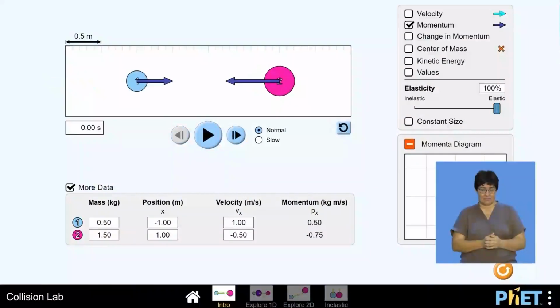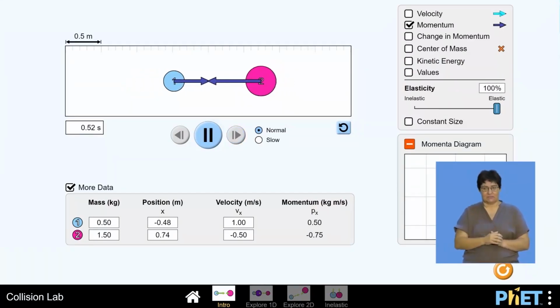I'm going to reset. Now, over here, when we look at the momentums, if I add the two momentums together that I've got here, it's 0.5 plus minus 0.75. So my total is minus 0.25. That's that tiny little one over there.